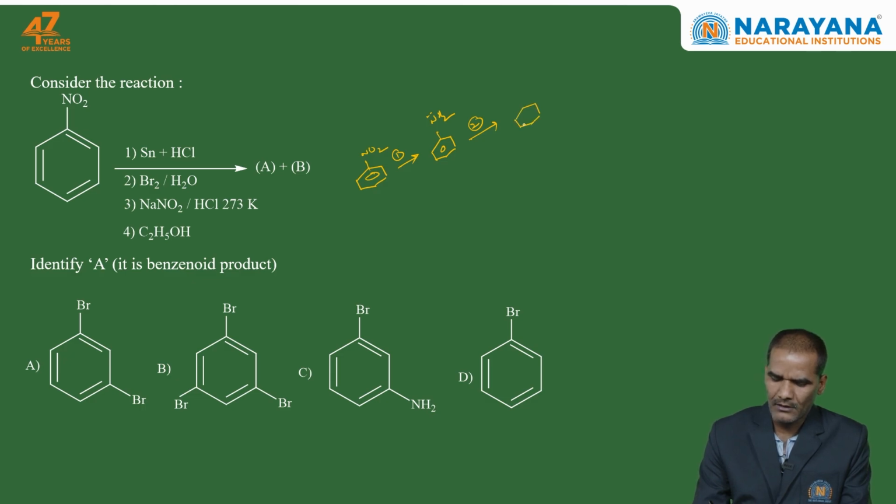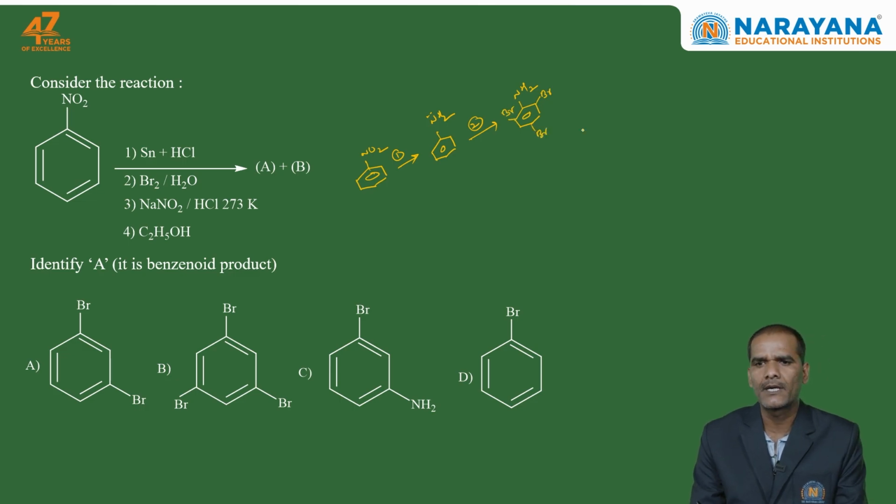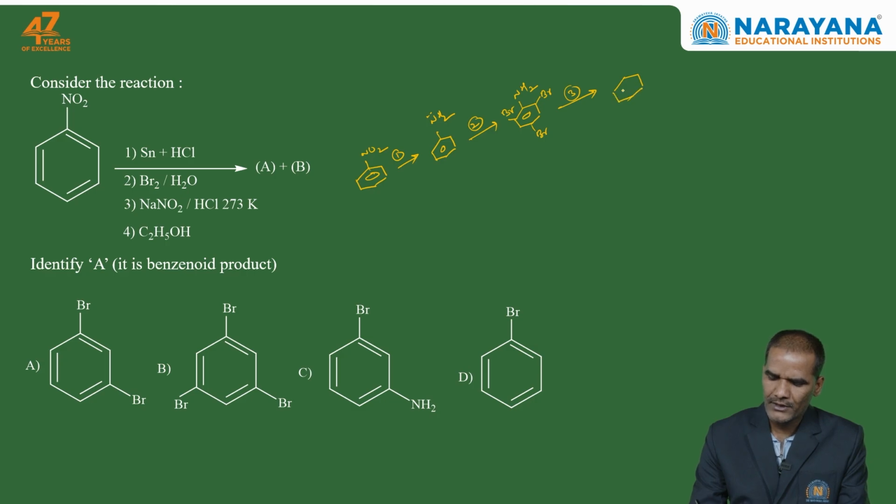NH2 activates the ortho and para positions, 2 ortho positions and 1 para position, hence we get a tribromoaniline. So the 2 ortho positions and the para position are occupied by bromine, and that compound is further treated with NaNO2, HCl. Here is the diazotization process, and NH2 is converted to diazonium ion.